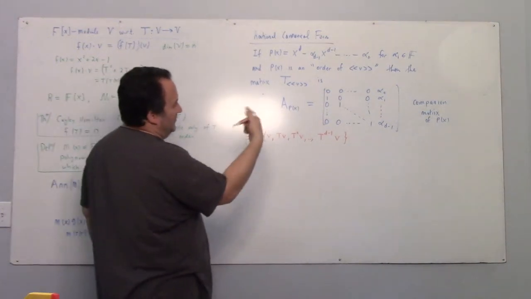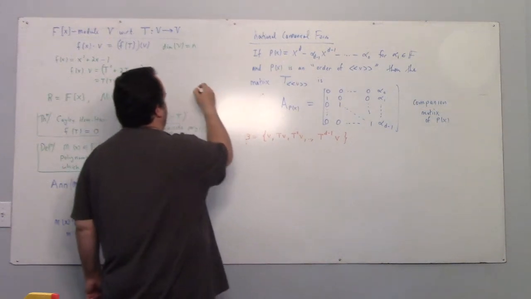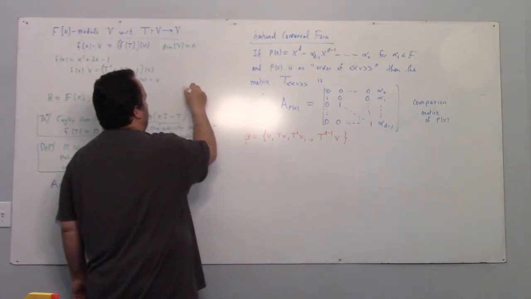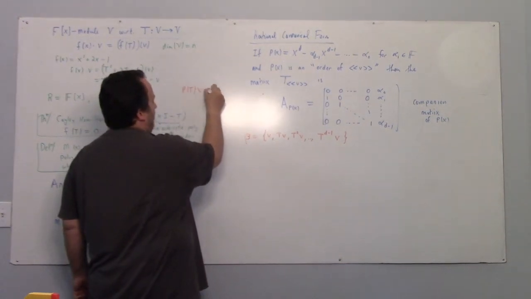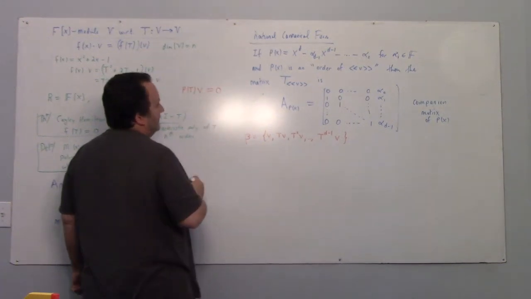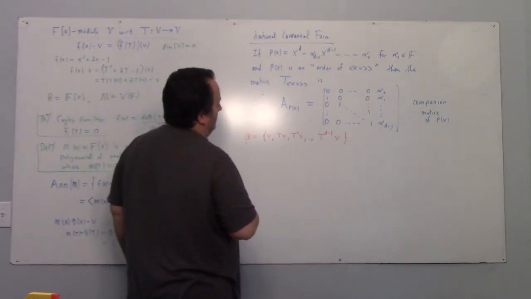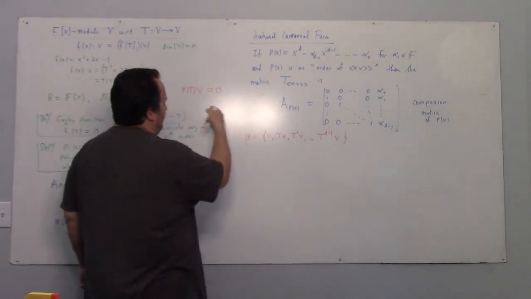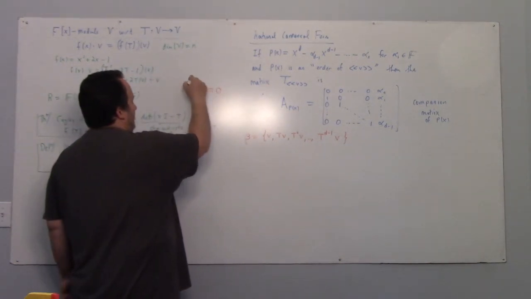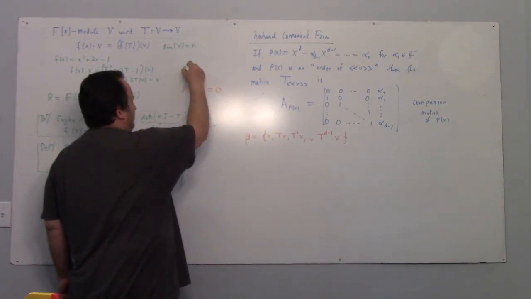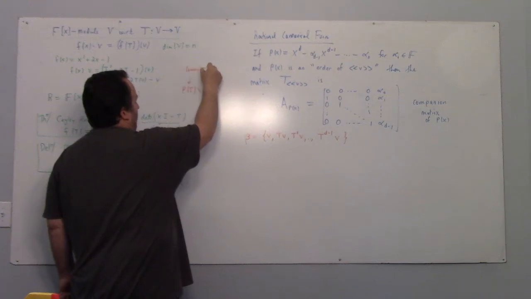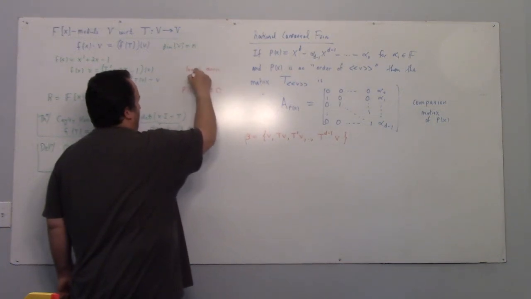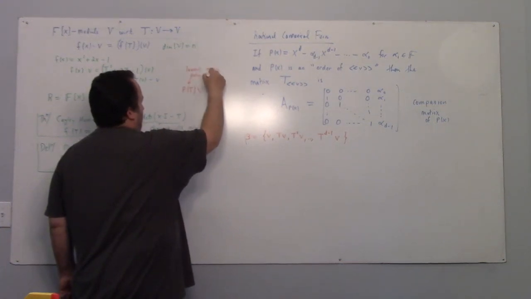So I believe this order business means that p(T)(v) equals 0. And not just that, it means this is equal to 0, and this is the smallest, the lowest monic polynomial such that this happens.